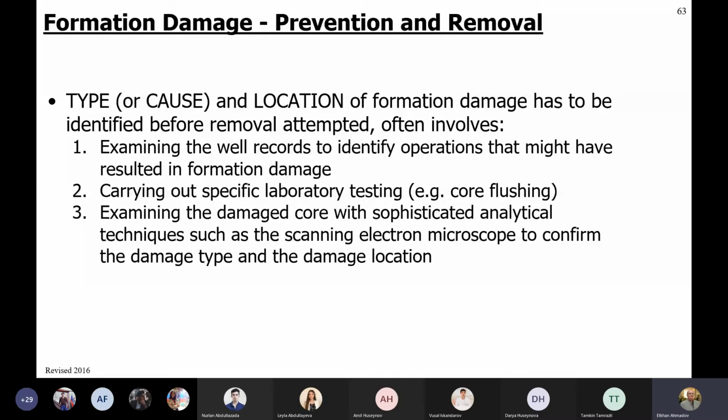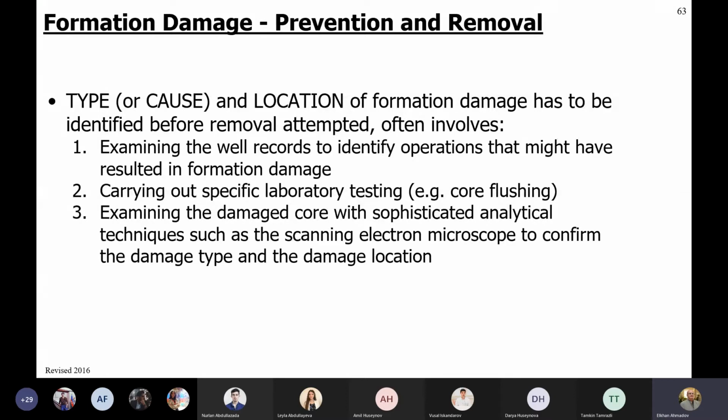Then laboratory testing should be carried out using the cores, flushing different chemical compositions through the cores to see the results of different compositions on this core in terms of compatibility, precipitations, permeability change, etc. And then using the core data with the microscope to confirm the damage type and location.